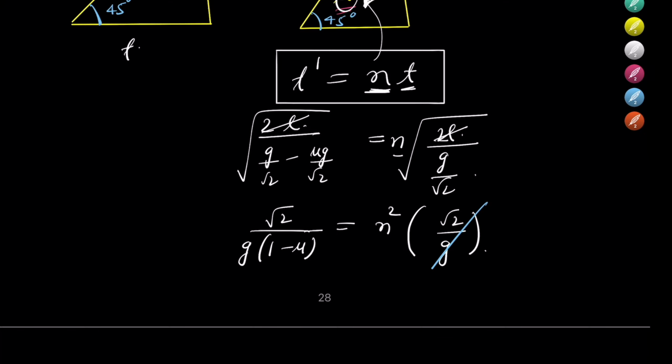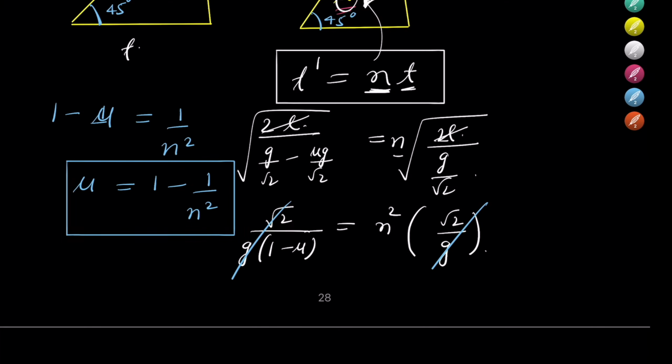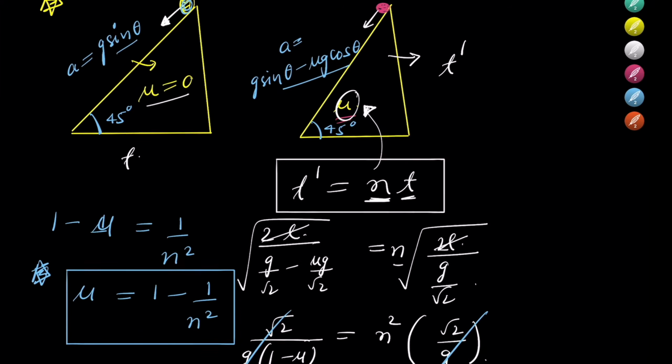So root 2 g cancels, and we get 1 minus mu. Take the reciprocal and I get 1 by n square. So mu will be 1 minus 1 by n square. So this will be the coefficient of friction if it is taking n times.